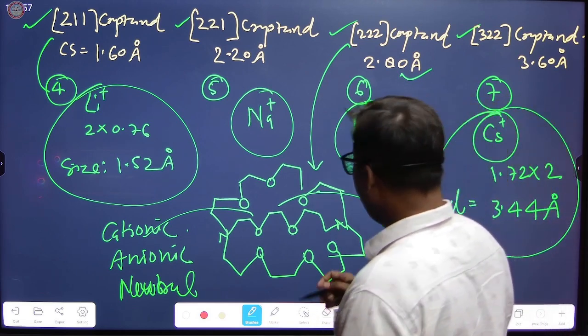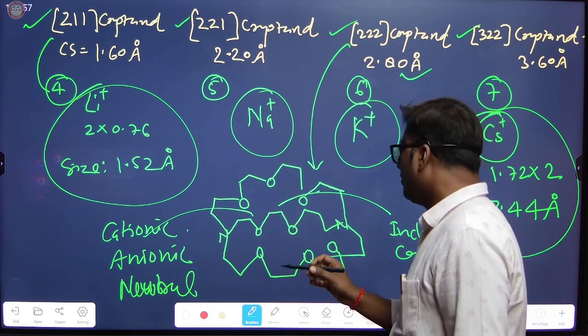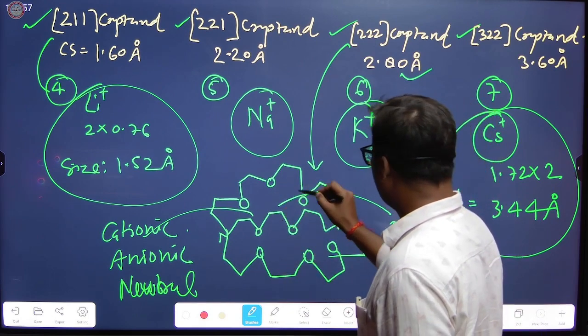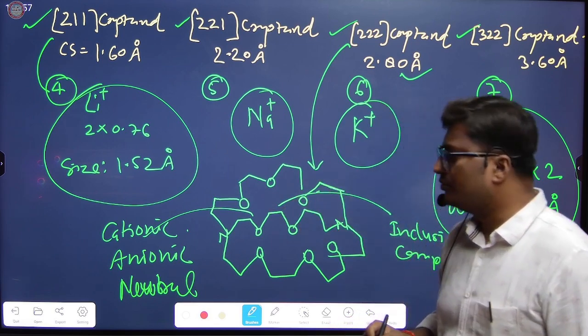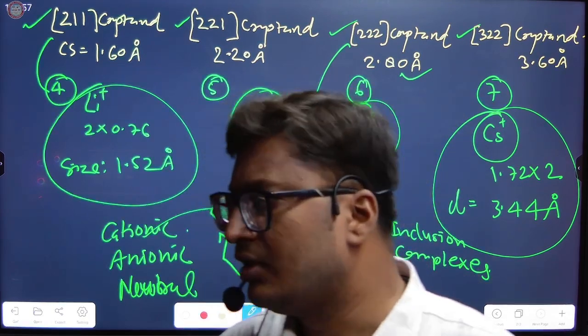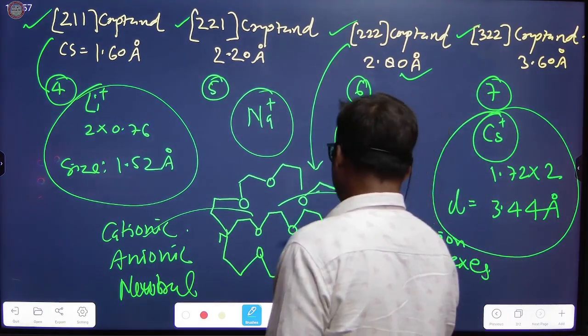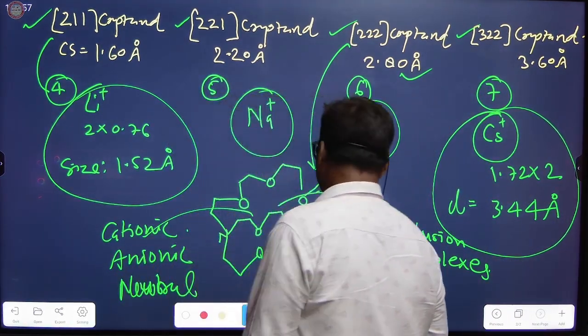So any guest, lipid or fats, can be fitted in this host, depending on the selectivity of the cryptand. So this is the beauty of this structure, right?